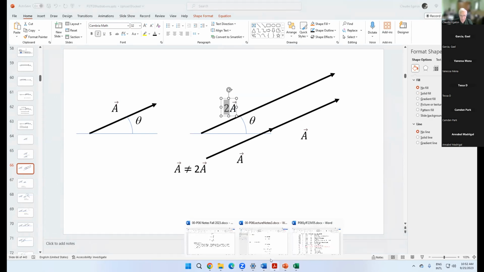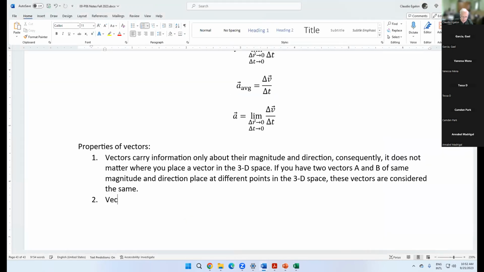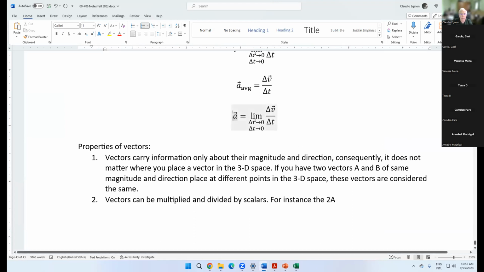So that's something else that we have to take into account. Vectors can be multiplied and divided by scalars. For instance, 2A.